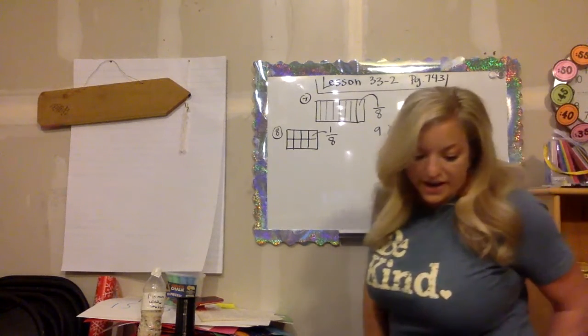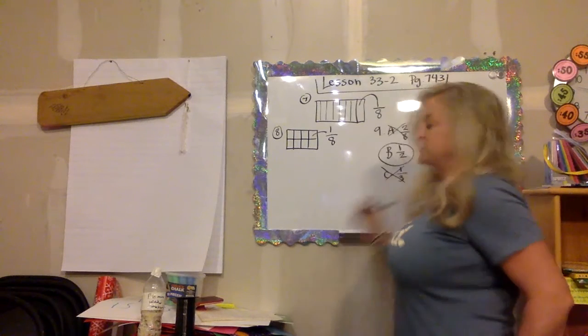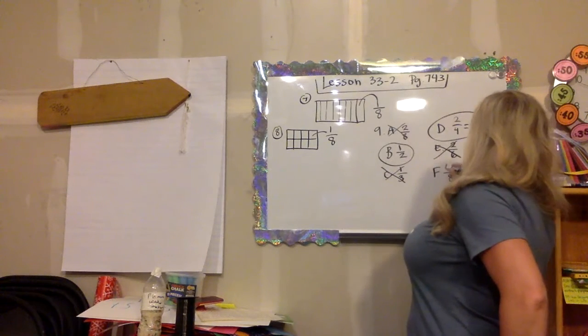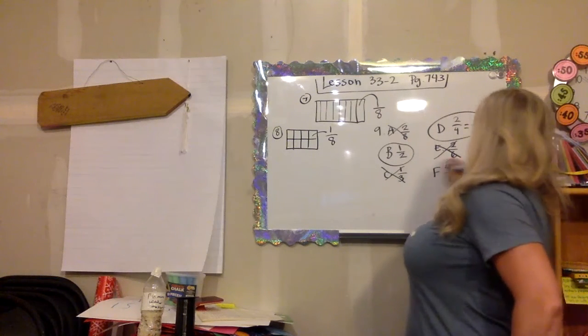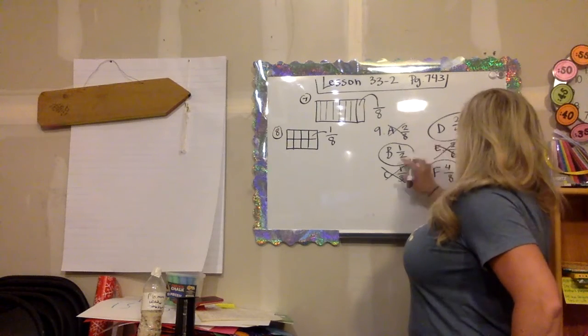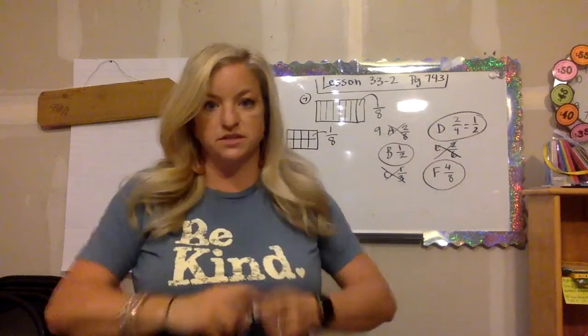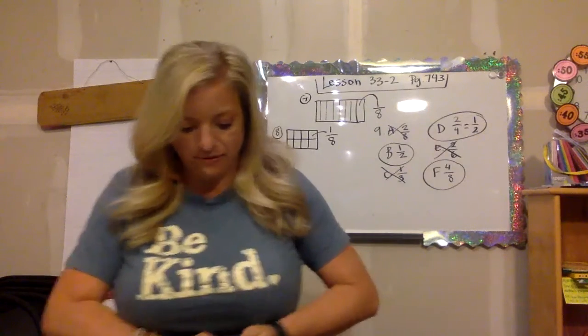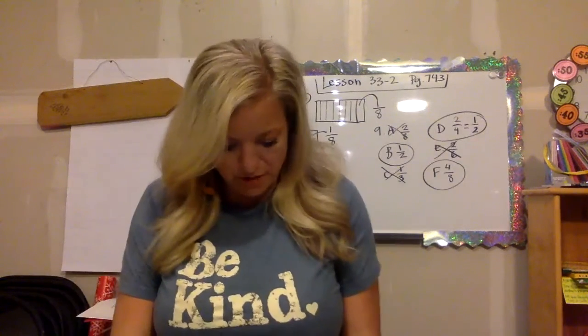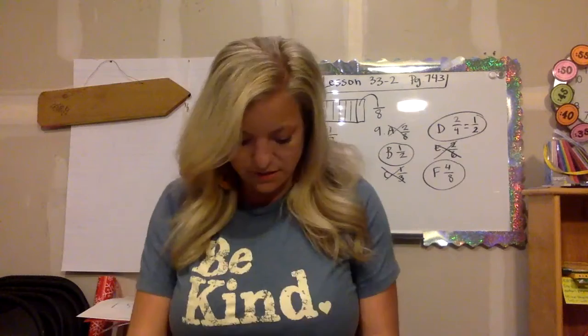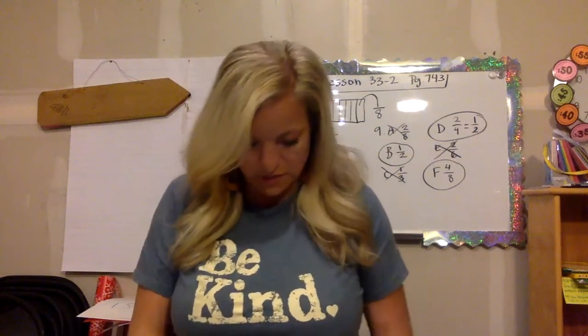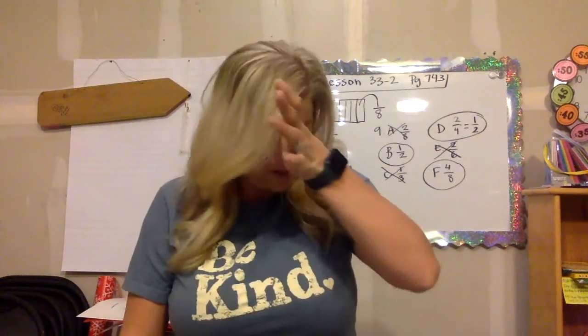F has 2, 4, 6, 8 pieces, and 4 of those are colored. 4 is half of 8. So the correct answer for number 9 is B, D, and F. Those are 1/2. So all those pieces are equivalent to 1/2.